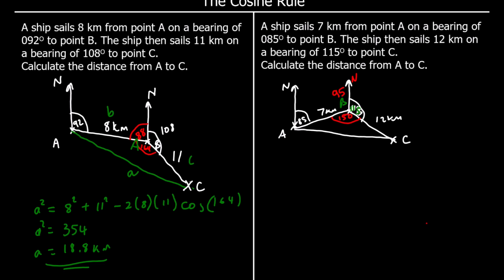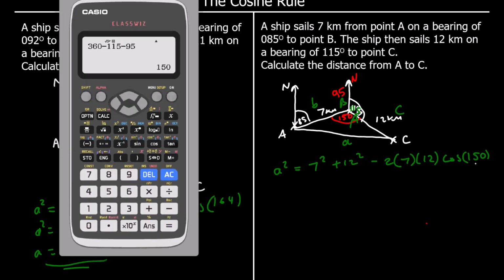So then we've got big A as 150, little a, B, and C, and just substitute into the cosine rule now. a squared equals b squared plus c squared minus 2bc cos A. So 7 squared plus 12 squared minus 2 times 7 times 12 cos 150, and that's 338.49.